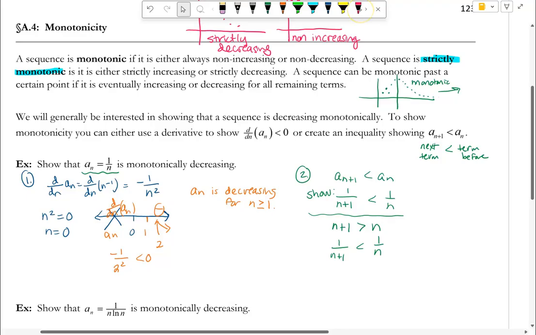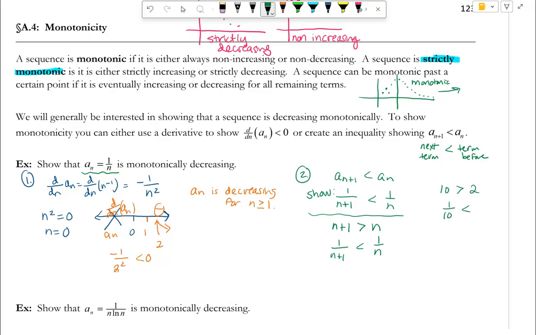For example, I know 10 is greater than 2, but if I wrote the reciprocals of those numbers, 1/10 is less than 1/2. So anytime we reciprocate both sides of an inequality, we also flip the sign, almost like we're multiplying or dividing by a negative. All right, so we really were able to do this kind of simple proof in 2 steps.